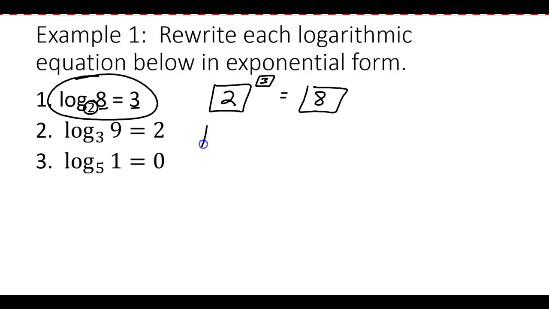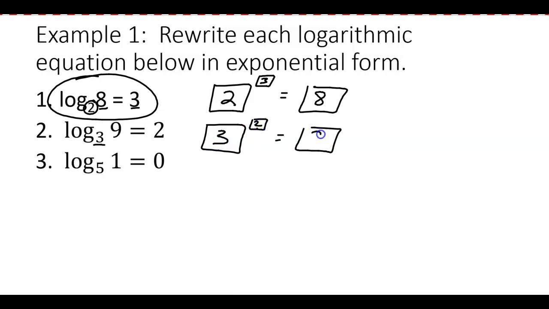Once again, we're going to have a box here. It's going to have an exponent and a box here. You don't have to use boxes. I'm just doing that for teaching purposes. But what goes in this first box here is the base. So that would be the 3. Now the next number is going to be 2, the output.